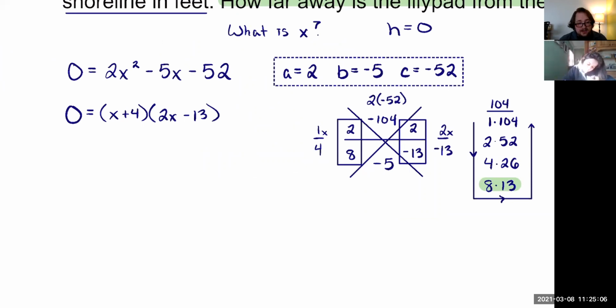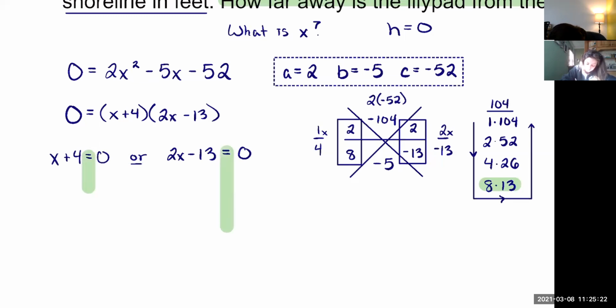Well, now that it's factored, thanks to the zero product property, I know that either x plus 4 has to equal 0, or 2x minus 13 has to equal 0. How would you solve that first equation? Negative 4.